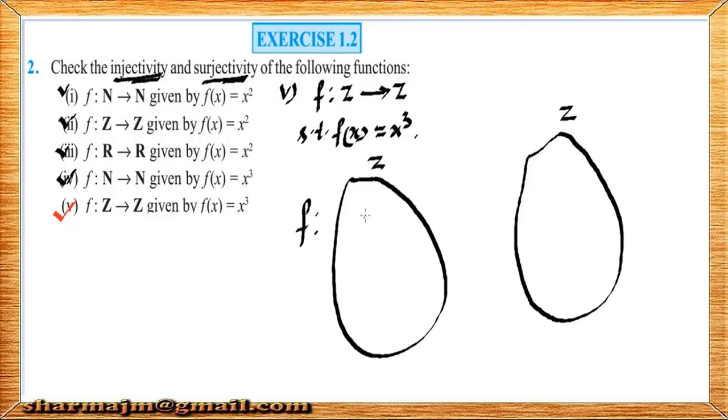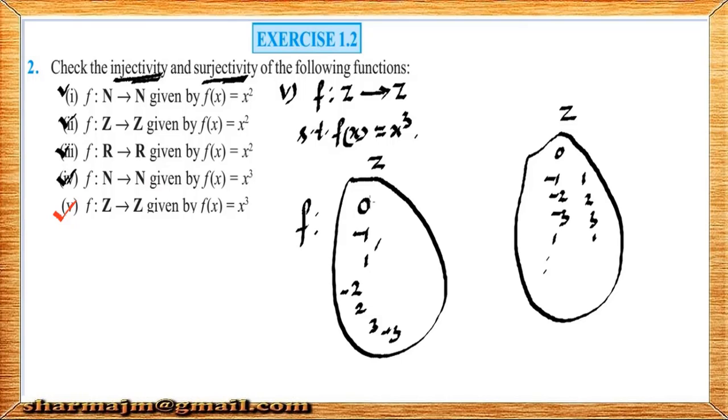So set of integers are positive, negative, 0. Here we have -1, then 1, 2, -2 and 2, 3 and -3, okay. Similarly we have integers here 0, -1, -2, -3 and so on, and on the positive side we have 1, 2, 3 and so on, okay, set of integers.